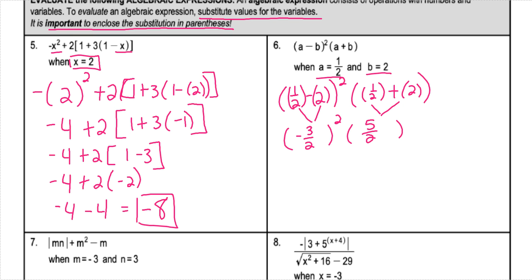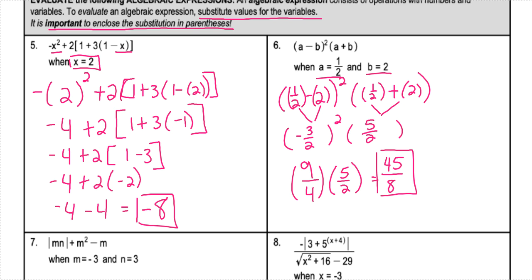So combining those fractions a little bit to help us. All right, when I square this, negative 3 times negative 3 is 9, 2 times 2 is 4. And then we're multiplying that by 5/2. All right, when I multiply those together, I get 45 in the numerator and 8 in the denominator. And that would be my evaluated answer.